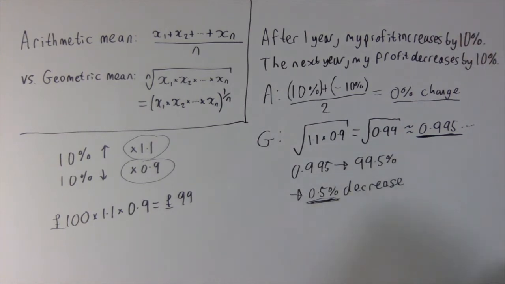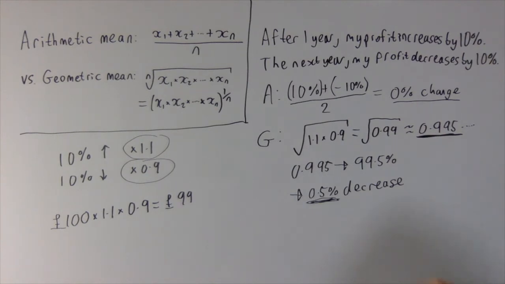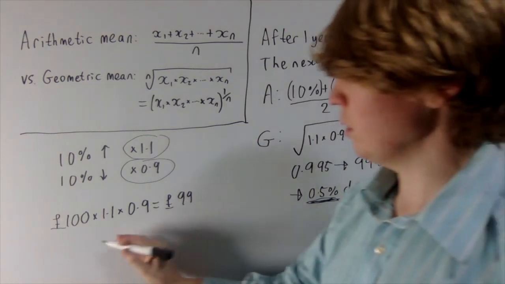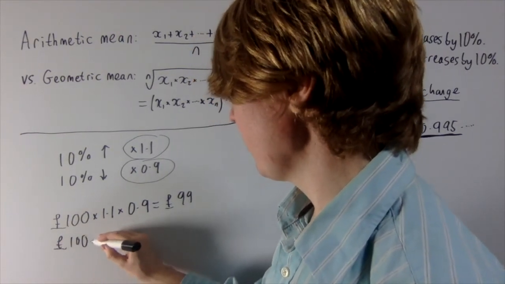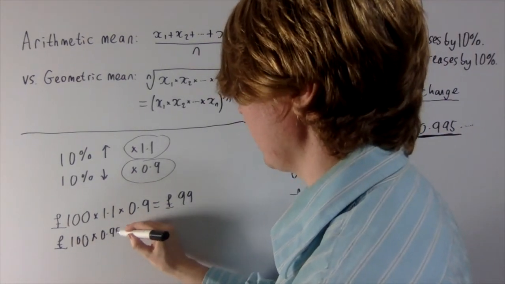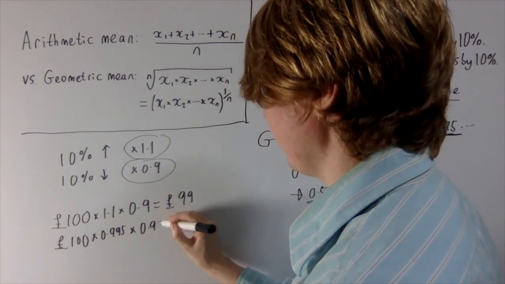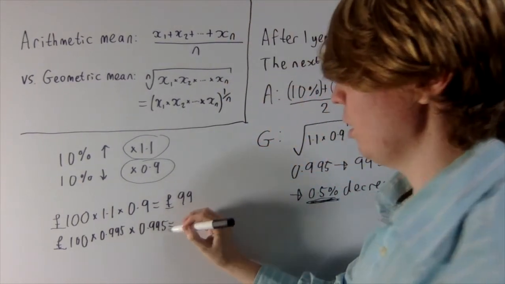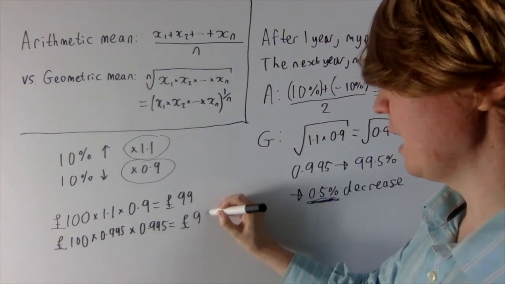And obviously when we've done the arithmetic mean, this is giving us a 0% change, whereas the geometric mean is saying it's an average of a 0.5% decrease. So if we say that each year we did a 0.5% decrease, so multiply by about 0.995, and then multiply this by 0.995 again for the following year, over these 2 years, when you calculate this, this will be approximately £99.